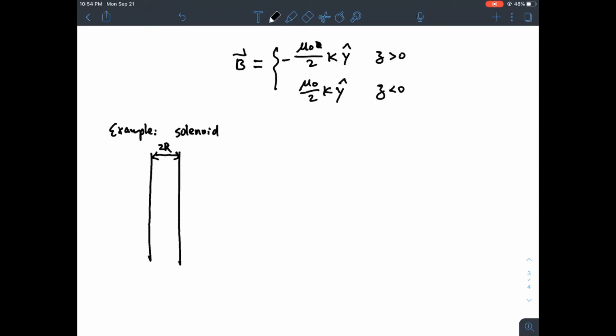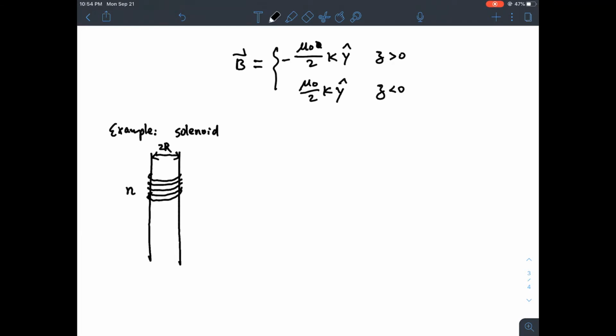There are many wires that carry currents, and we wind these wires around the cylinder. And this is the number of these turns per unit length.